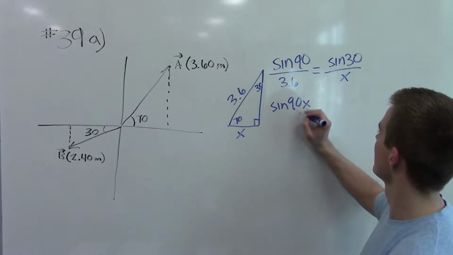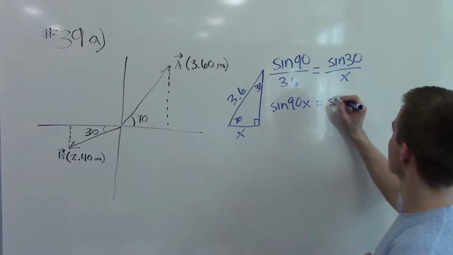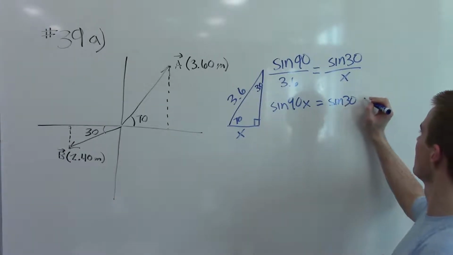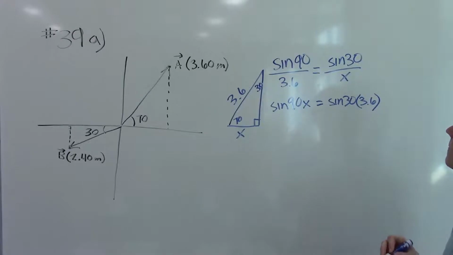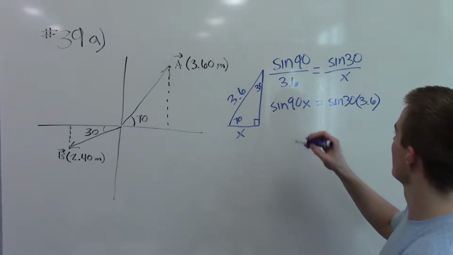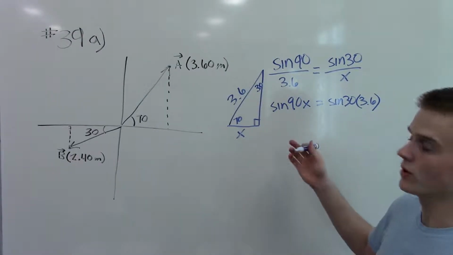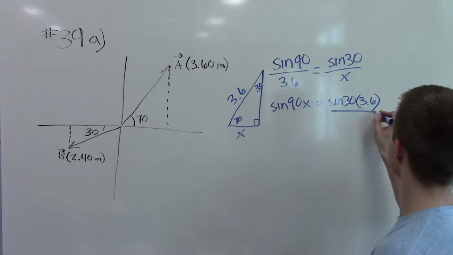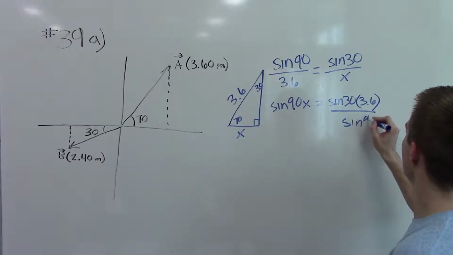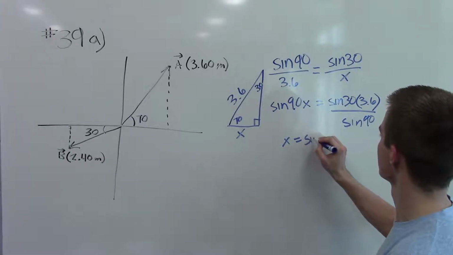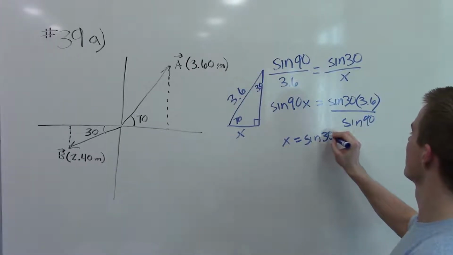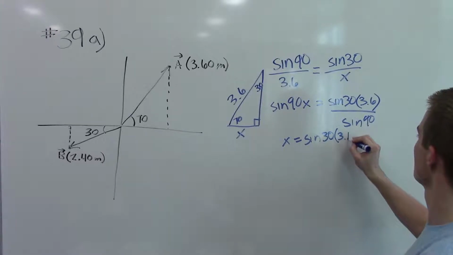Sine of 90x equals the sine of 30 times 3.6. Next, you just divide by the sine of 90, which is 1. So now we have x equals the sine of 30 times 3.6.